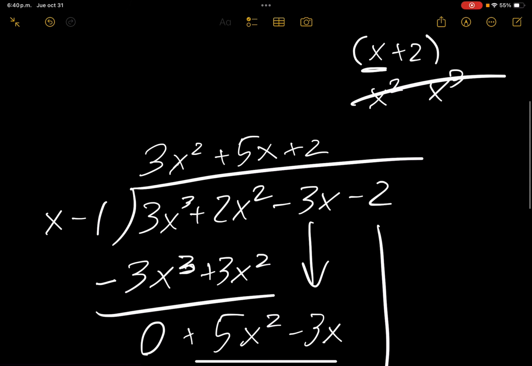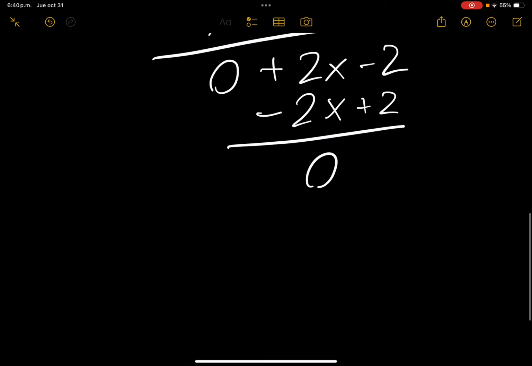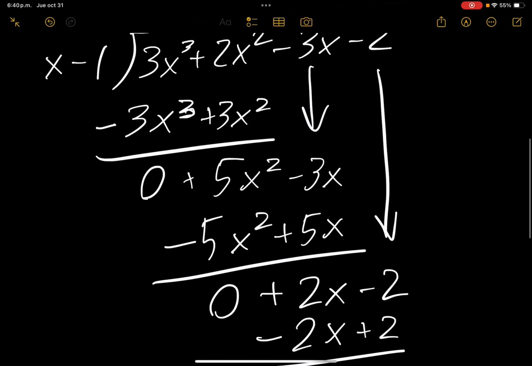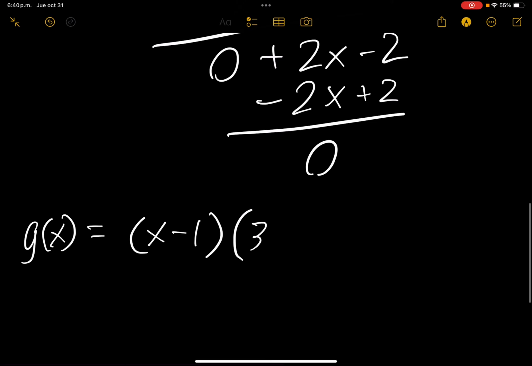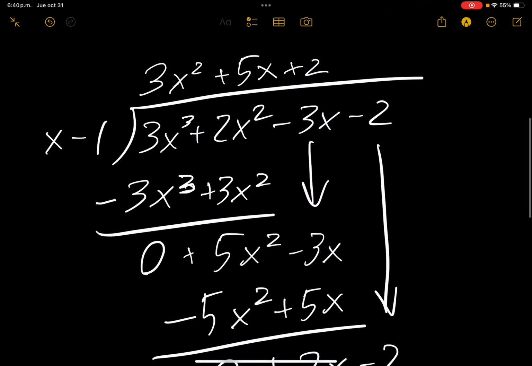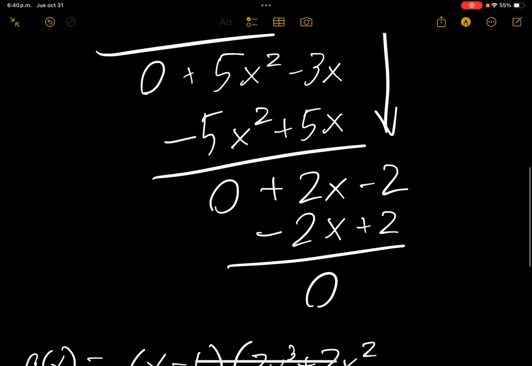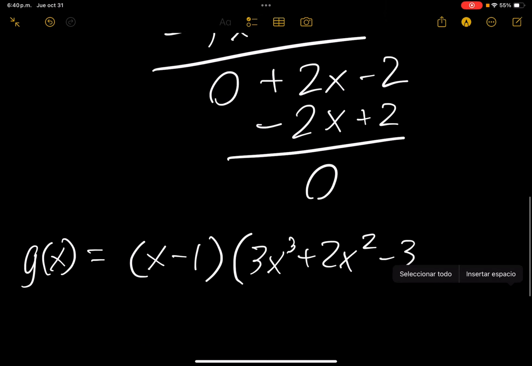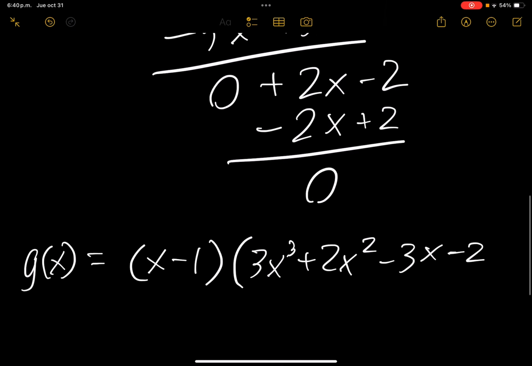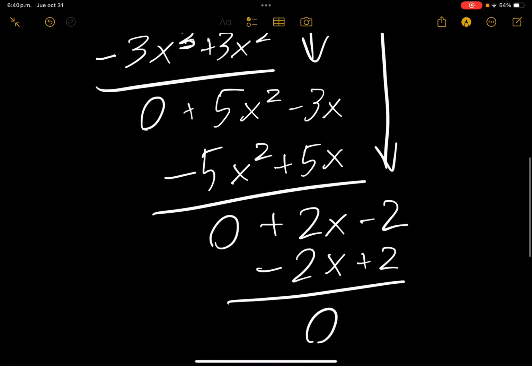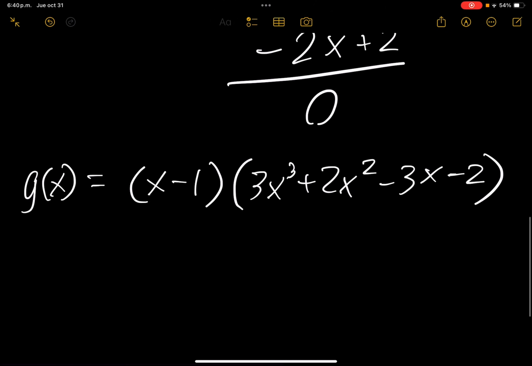And we can write that the original g of x that we had can now be written as x minus 1 times 3x squared plus 5x plus 2.